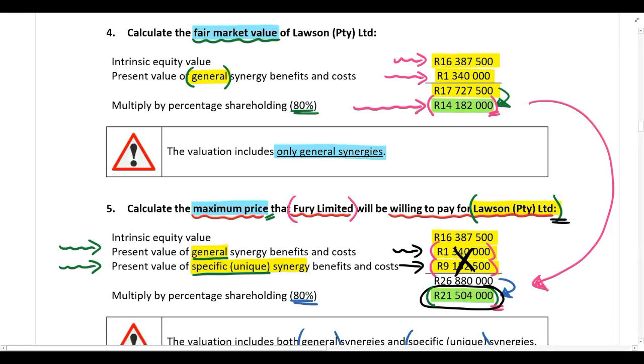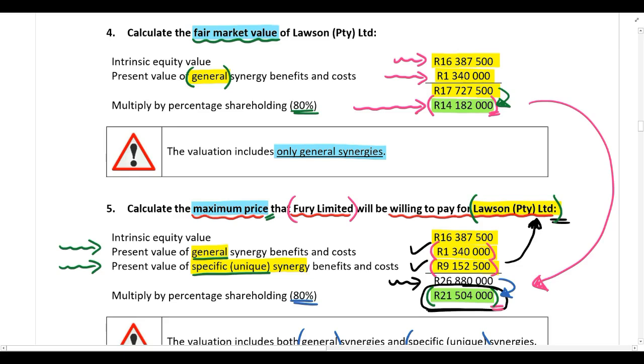In addition to that, even if these synergy benefits do materialize, let's say all of these estimations are correct and both the general as well as the unique or specific synergies materialize, and this amount is actually correct. The problem with paying the maximum value is you are giving this full value to the previous shareholders of Lawson Pty Limited because it's included in the purchase price.